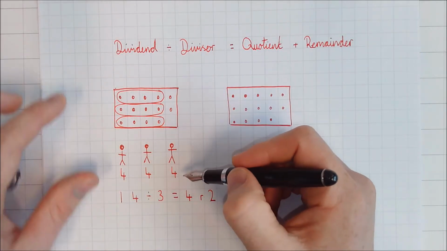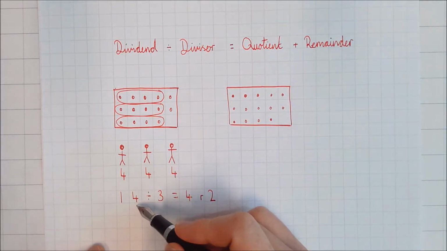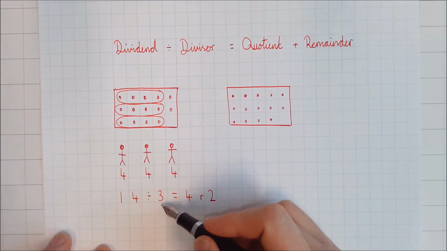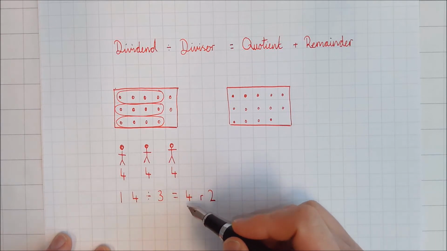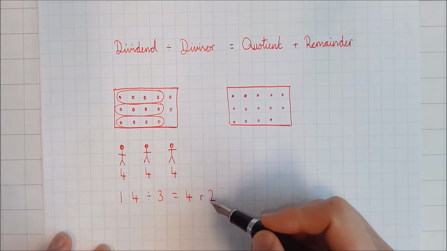So in this context, what does the 14 represent? What does the 3 represent? What does the 4 represent? And what does the 2 represent?